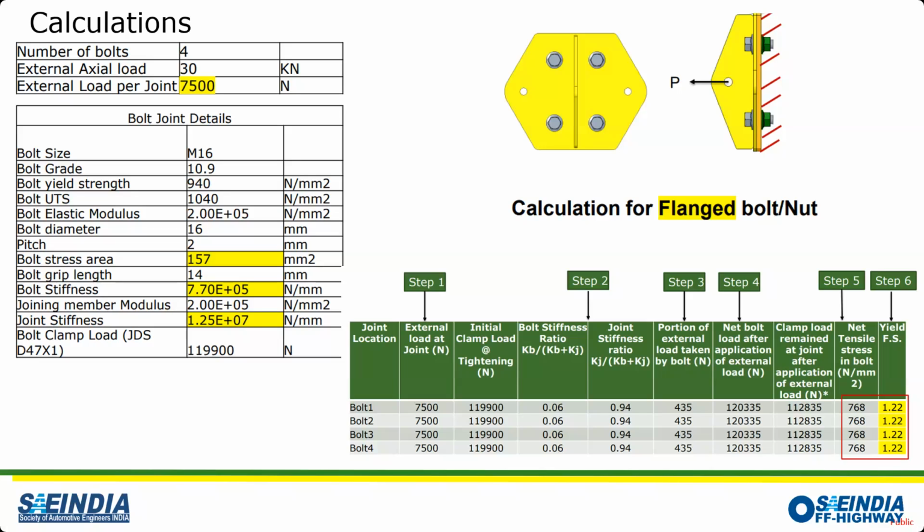Based on that, you need to find out the factor of safety of the bolt in yield, and you need to also find the factor of safety in shear, so that slippage will not occur in the bolt. And based on that, you need to adjust whether you need to change the size, or change the grade of the bolt, or apply more clamp load on the bolt by increasing the torque. So Dharmendra, maybe you can move to the next slide.